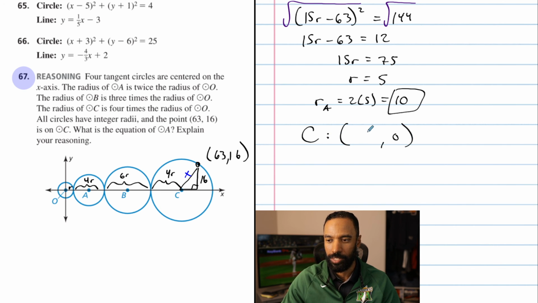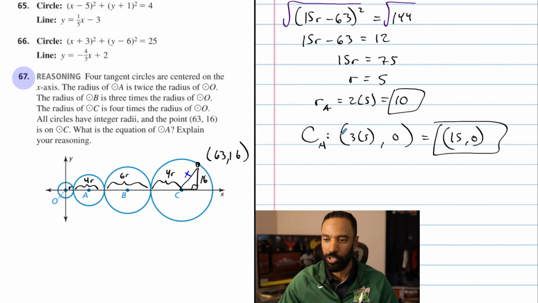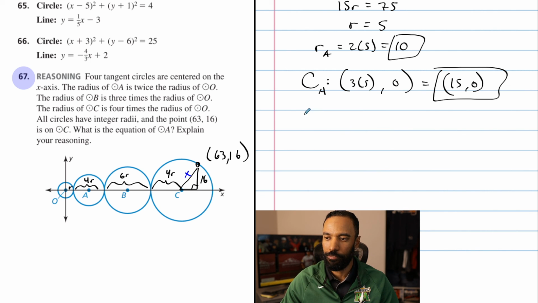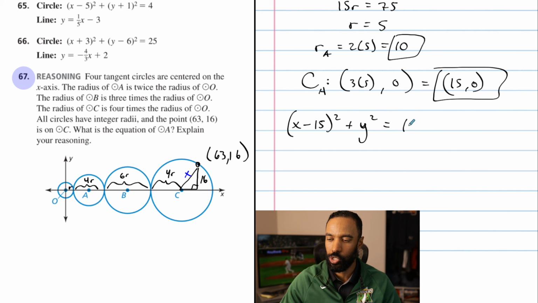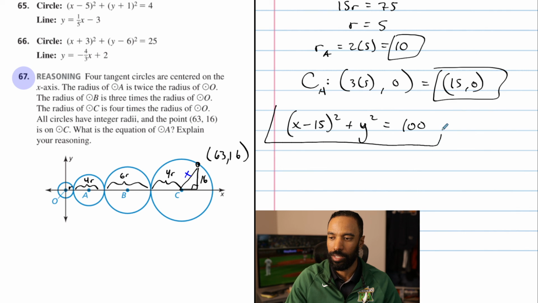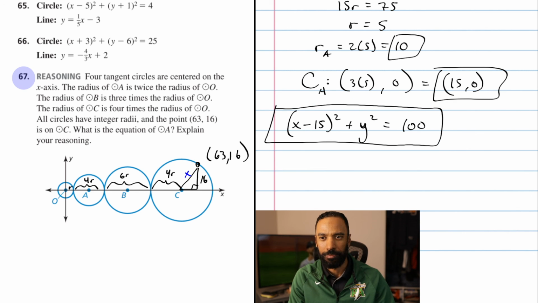It's going to be at r plus another 2r. So 3 times 5 comma 0, or 15 comma 0. So the equation for A is going to be x minus 15 quantity squared plus y squared equals 10 squared, which is 100. That should be that one there.